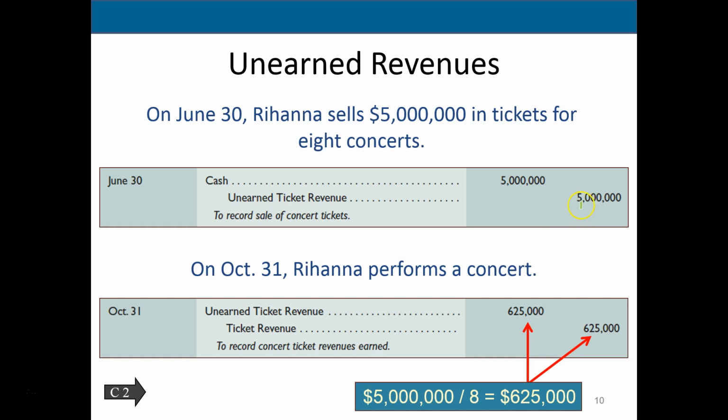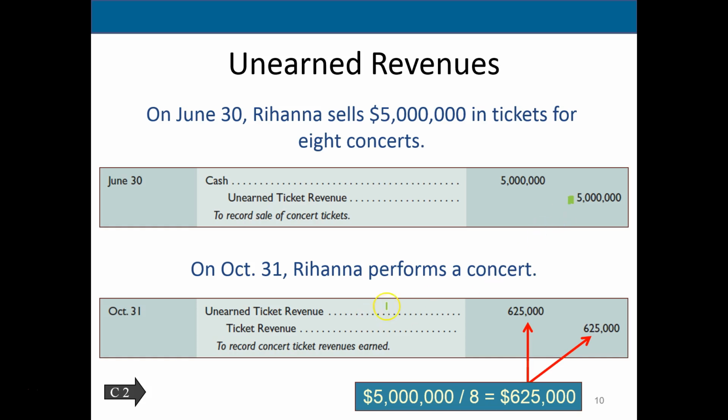But we can't credit revenue, under the revenue recognition accrual principle, because we have not done anything to earn the revenue. We don't do anything until we perform the concert, and that will happen in the future. Therefore, instead of crediting revenue at the time we receive the cash, we are crediting a liability, an unearned revenue liability account, not affecting net income yet.